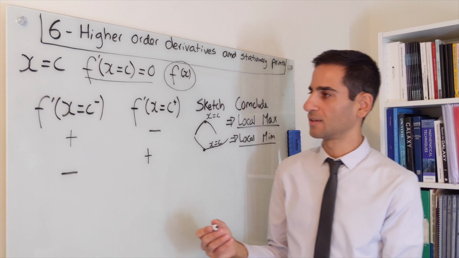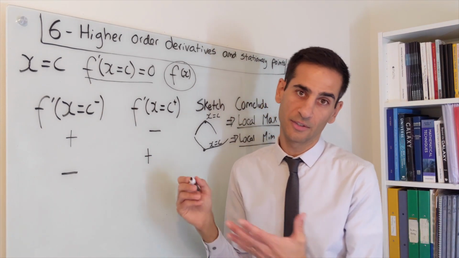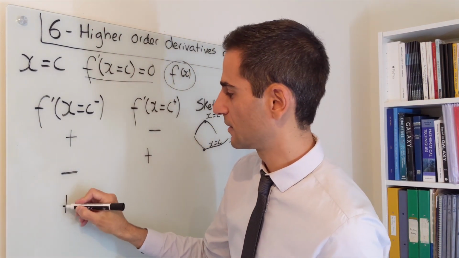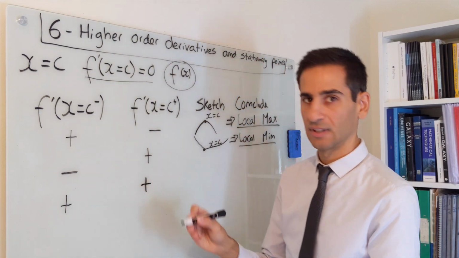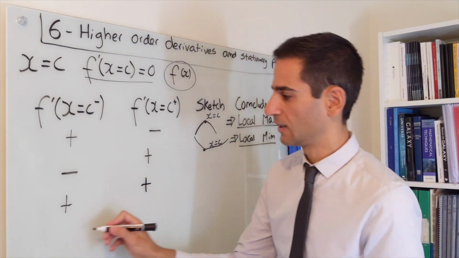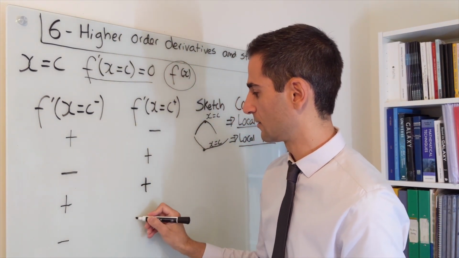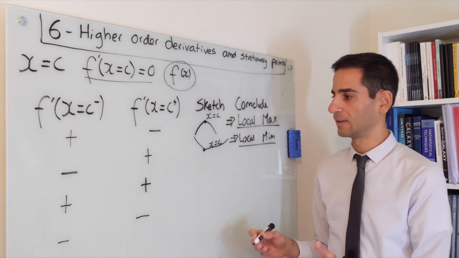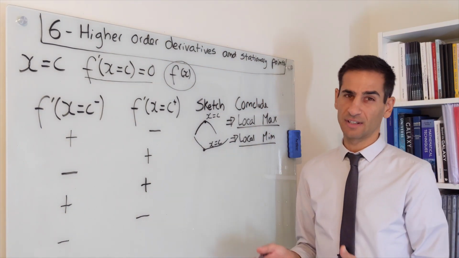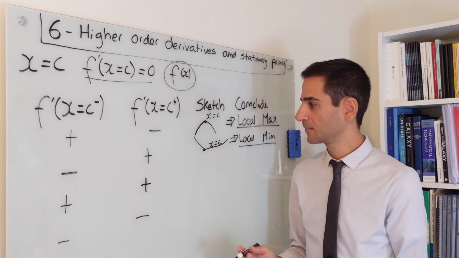The other two cases are when the sign of the derivative is positive, both left and right, and the final case is when it's negative, both left and right. What are these cases telling us about the stationary point?